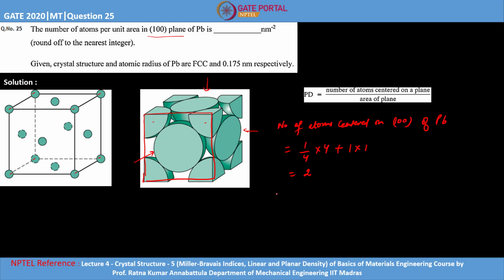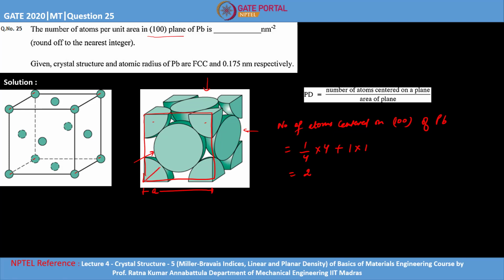So we get that. Now the area of this plane. Let's say the lattice parameter of this unit cell is A. So we have this much distance equal to A, right?